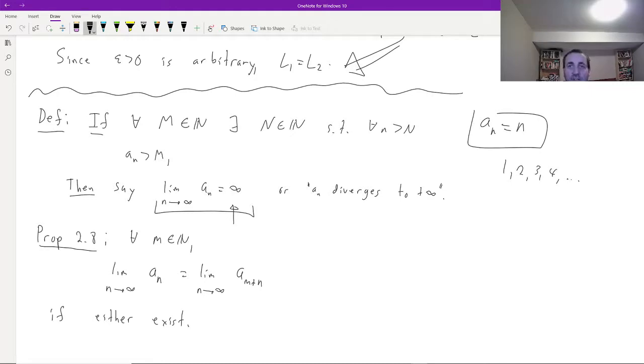The next proposition is a little bit unassuming, but turns out to be quite helpful, and it says the following. For every integer m in N, the limit as n goes to infinity of a_n is equal to the limit as n goes to infinity of a_{m+n}, assuming that either of them exists. So that looks innocuous. What are we really saying there? It's a two-parter.